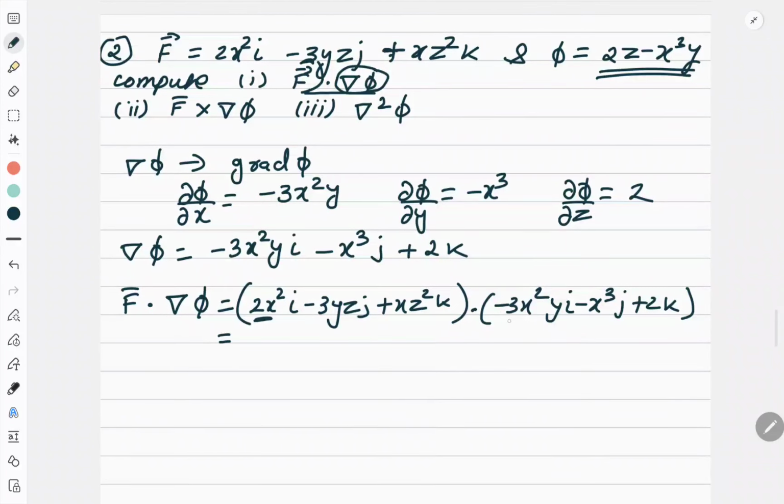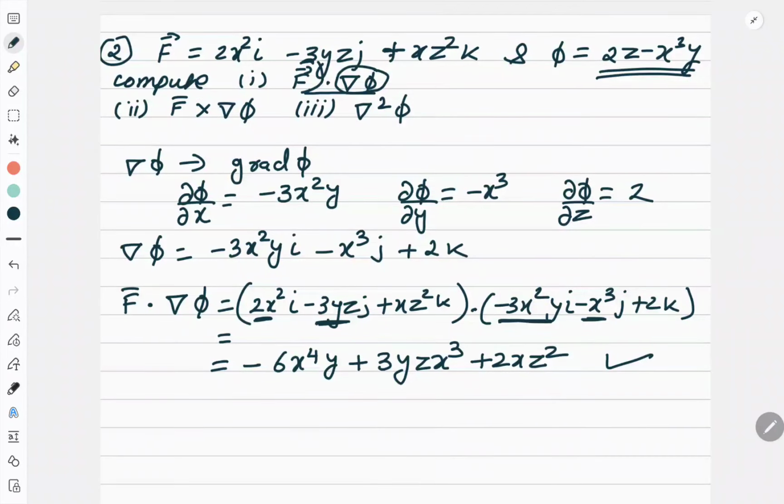So 2x square into this, so minus 6x to the power 4 y. Then second term, coefficient of j into coefficient of j, so minus minus becomes plus 3yz x cube. Then coefficient of k into coefficient of k, so plus 2x z square. So this is my first answer: minus 6x to the power 4 y plus 3yz x cube plus 2x z square.